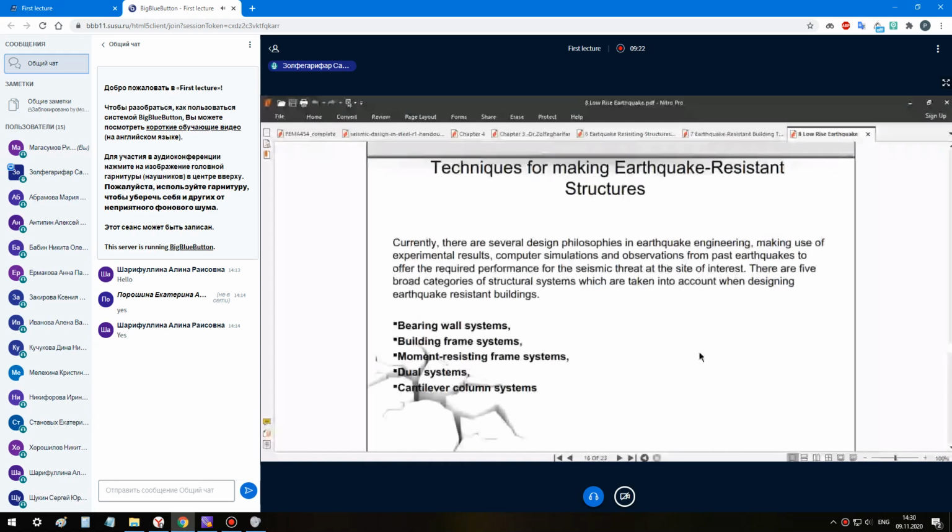There are five broad categories of structural systems which are taken into account in designing earthquake resistant buildings.